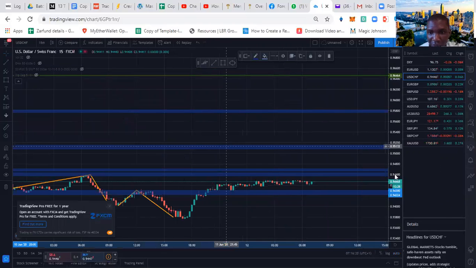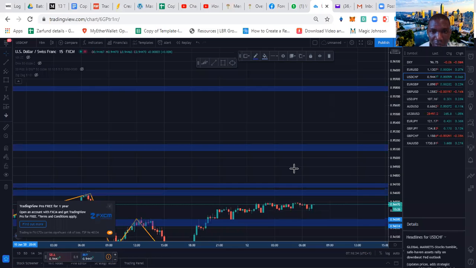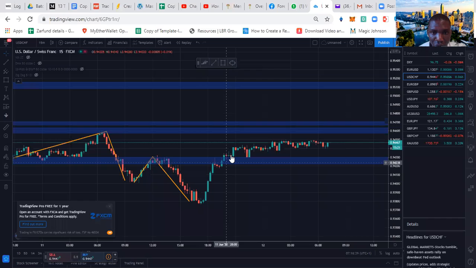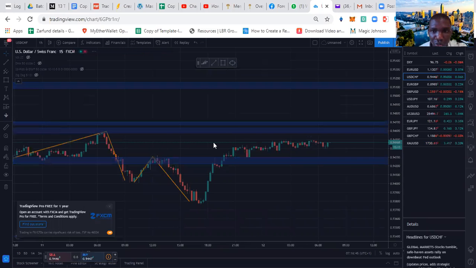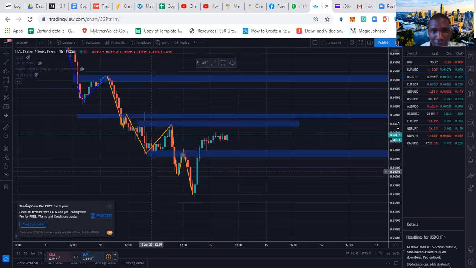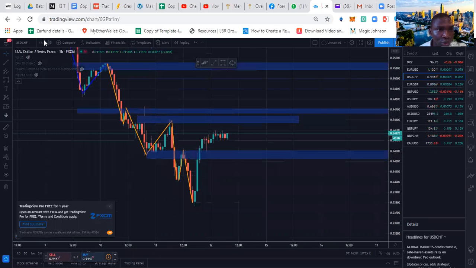So let's go to 15 minutes and look at some things. So price, this is the structure. Price broke through the structure and it seems to be moving up. All right, so let's see what trade we'll be looking to take here. It broke through structure.